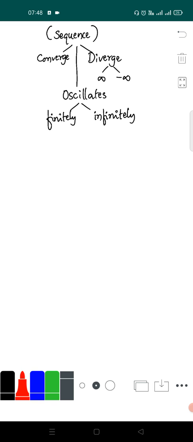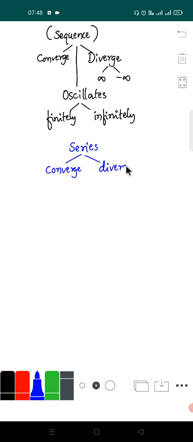That means a series can converge, it can diverge to either plus infinity or negative infinity, or it can be an oscillatory series. It can oscillate finitely.